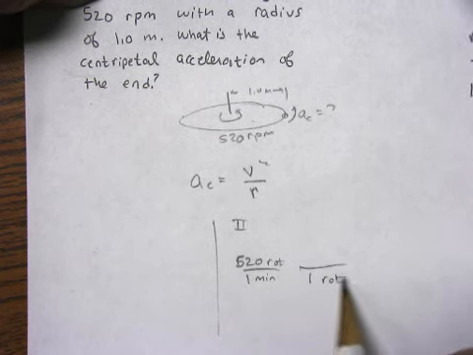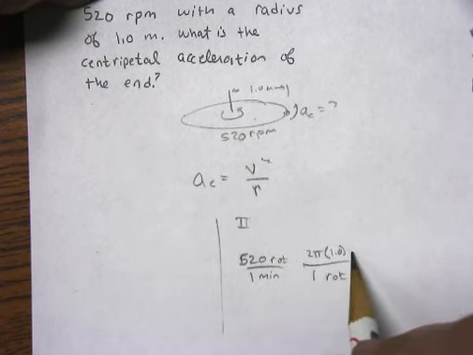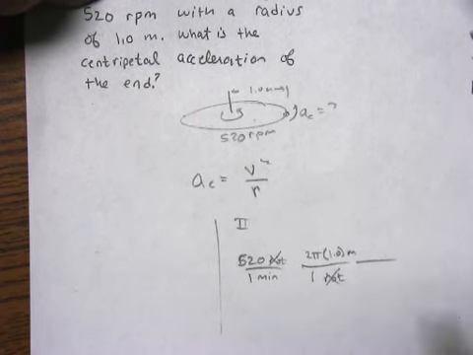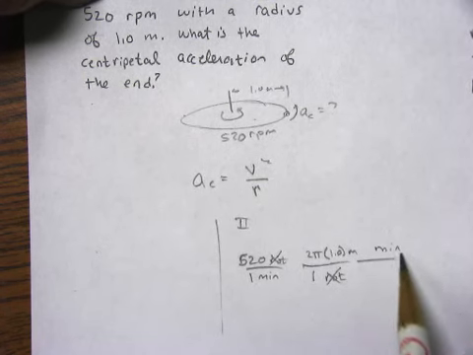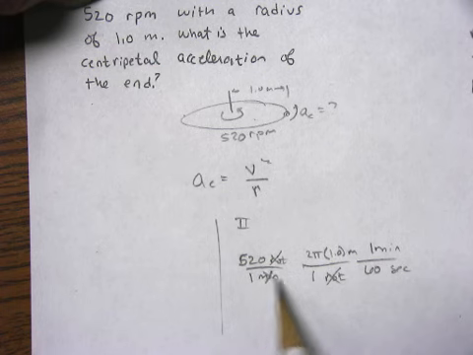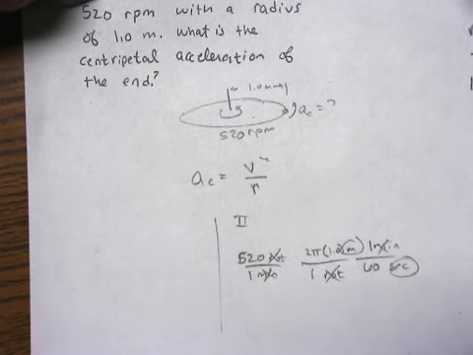One rotation is 2 pi r meters. So rotations cancel. Then I'll change minutes into seconds. 1 minute is 60 seconds. So then minutes cancel, and I end up with meters per second.